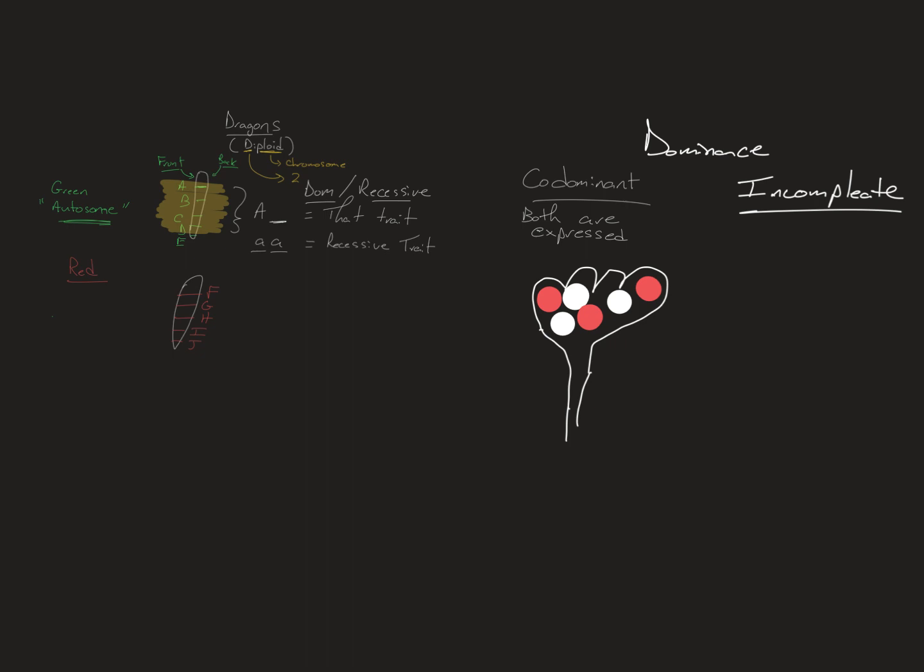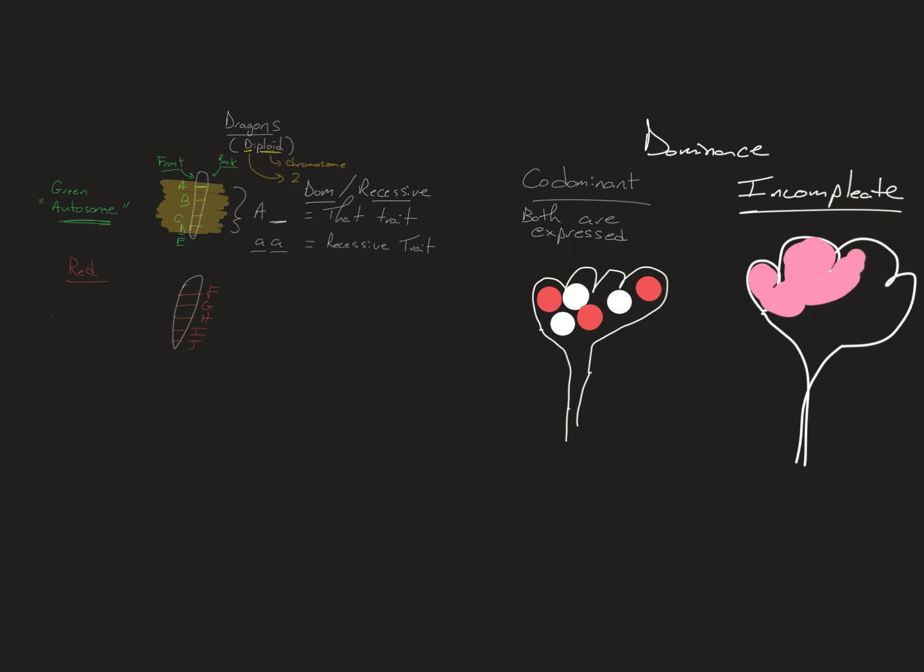If there was a flower that had incomplete dominance, same colors, then you wouldn't get red and white. Can anybody guess what you would get? Mixture. You get pink. Exactly right. The whole flower would be pink because it's incomplete.